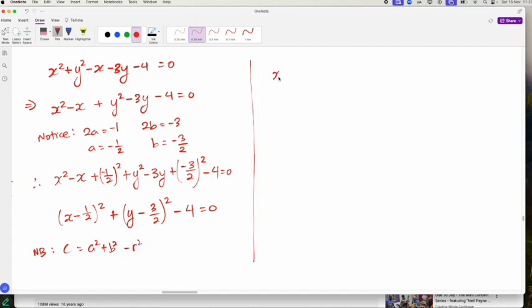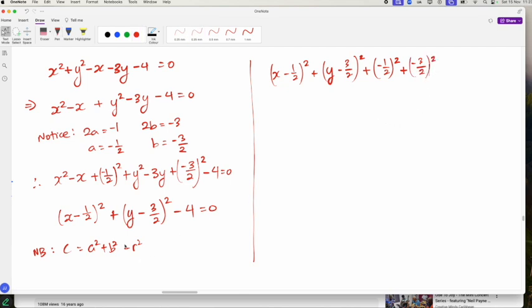Therefore, I'll have x minus a half squared plus y minus 3 on 2 squared, and then I'll have plus the minus a half squared plus the minus 3 on 2 squared.